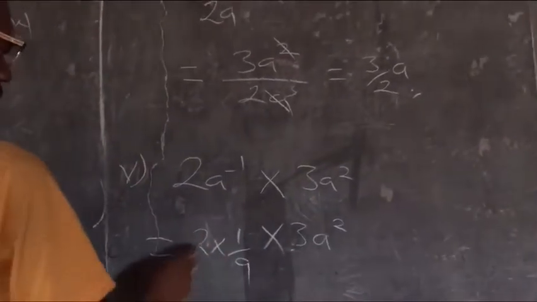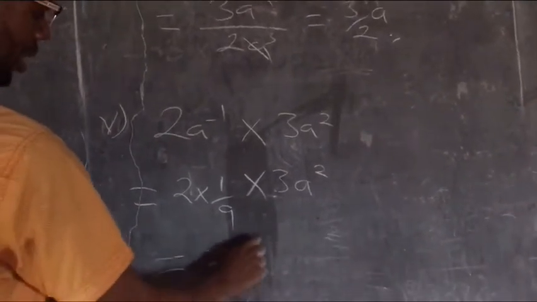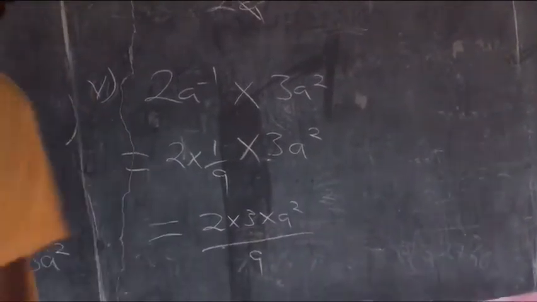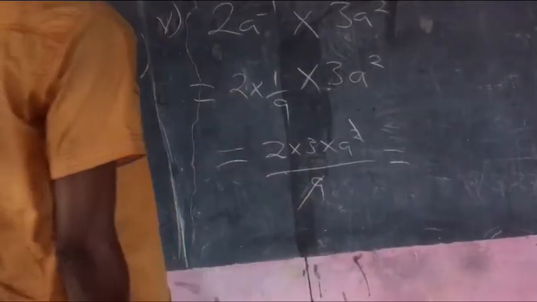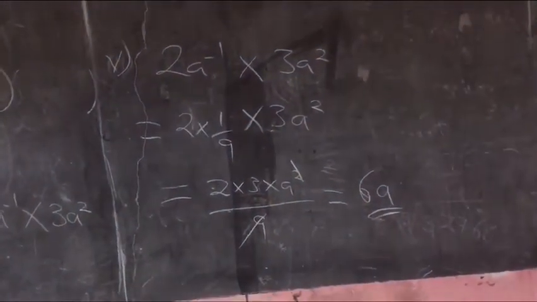If I multiply these, I will get 2 times 3 times a squared over a. So from there, this one will cancel this one. This times is 6. So my answer is that.